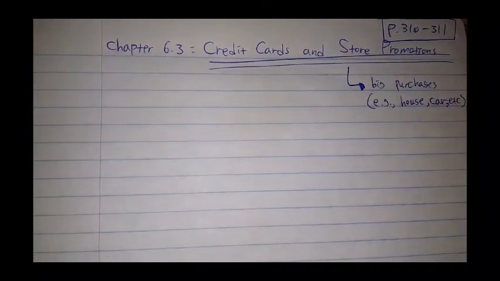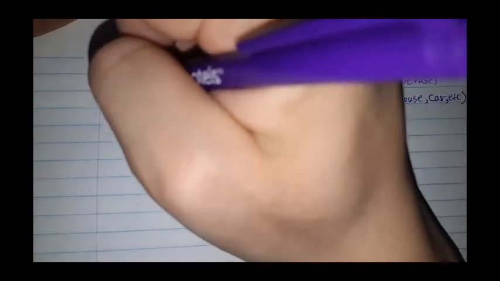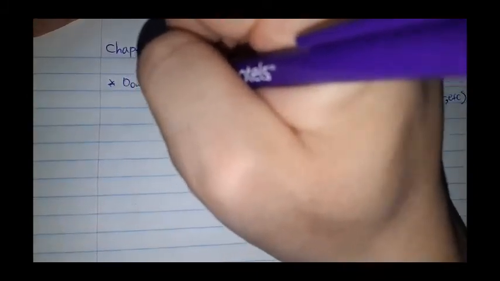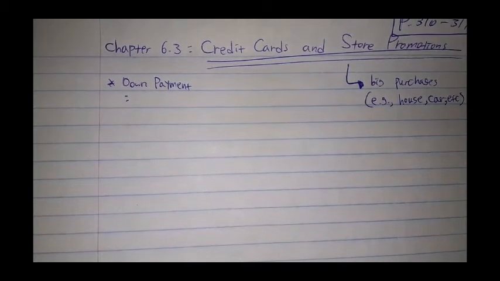One thing you need to understand is the concept of down payment. A down payment is a lump sum payment, but you don't pay the whole thing. You're just paying a partial payment.